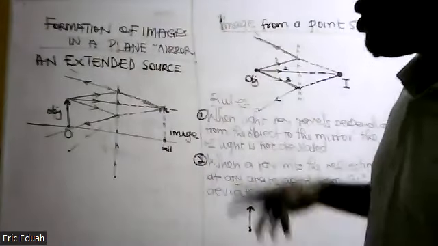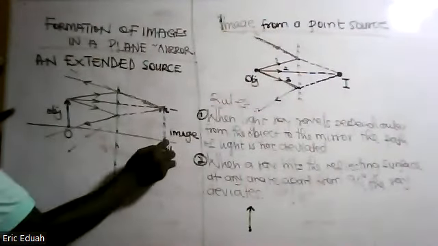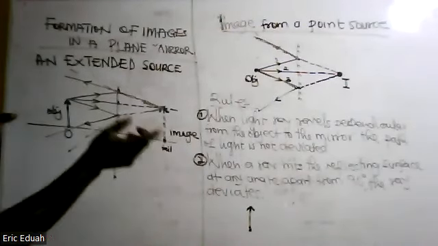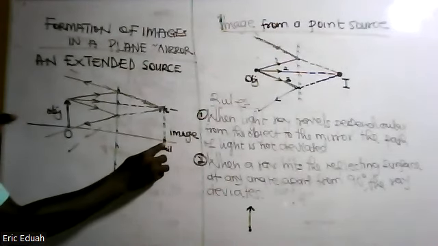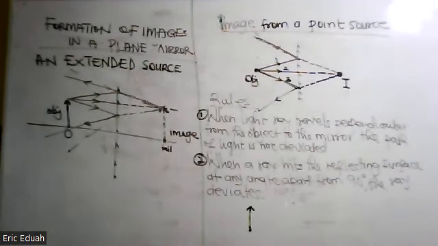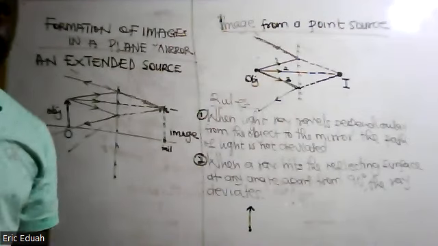How did you form it? If this is 5 centimeters, 5 centimeters, the height is 5. Let's say the height is 10 centimeters. Because I've located the tail, I just measure 10 centimeters and I'm there. That is the easier way out, but you have to explain further using the ray diagrams.